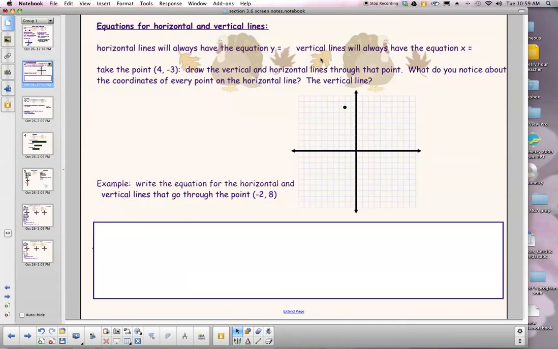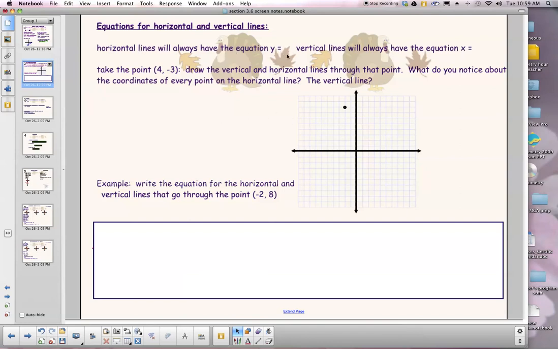We're going to talk quickly about horizontal lines and vertical lines because their equations look a little bit different than regular diagonal lines. And that is because horizontal lines never cross the x-axis and vertical lines never cross the y-axis. So they wouldn't have intercepts, so to speak.